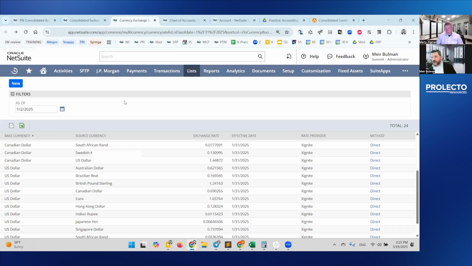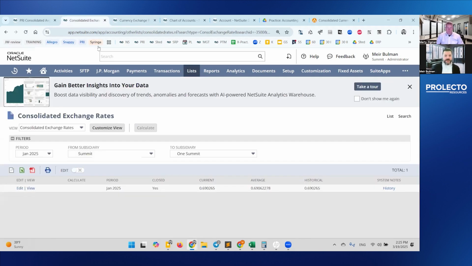When I produce that periodic report, it's going to look up the table in real time. It's going to give me the whole P&L, all expressed in a consolidated currency. NetSuite is not down at the transaction level in terms of how it expresses it. So it's very hard to see, if I look at any given one transaction, what the consolidated impact of this transaction is. You really got to wait till month end to see that.